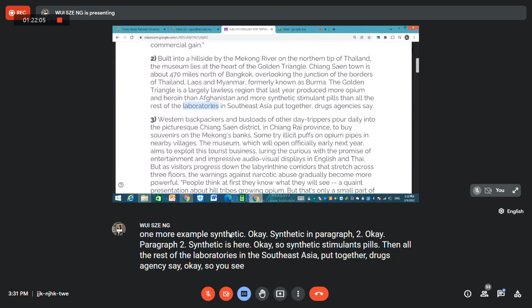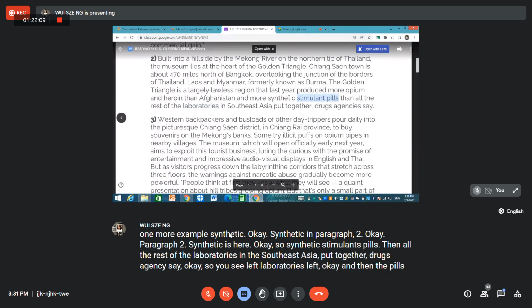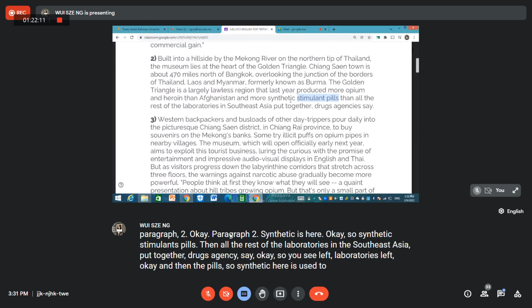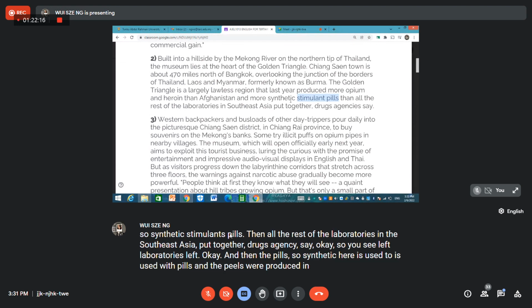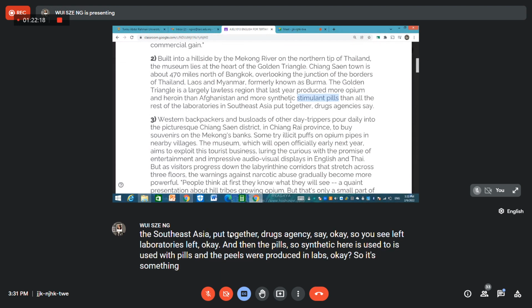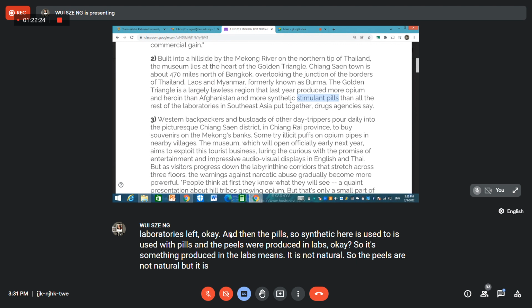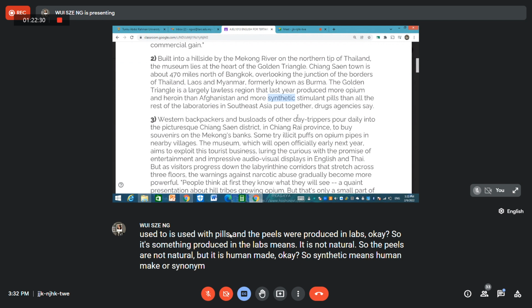You see laboratories, and then the pills. So synthetic here is used with pills, and the pills were produced in labs. If something is produced in the labs, it is not natural. The pills are not natural, but human-made. So synthetic means human-made, or the synonym artificial.